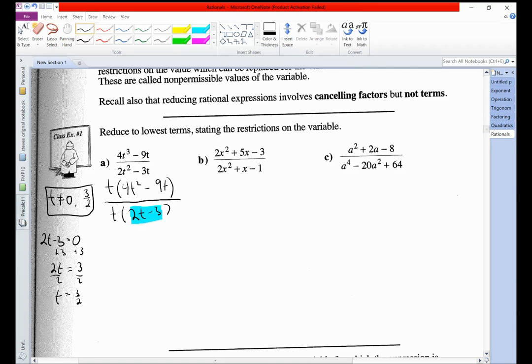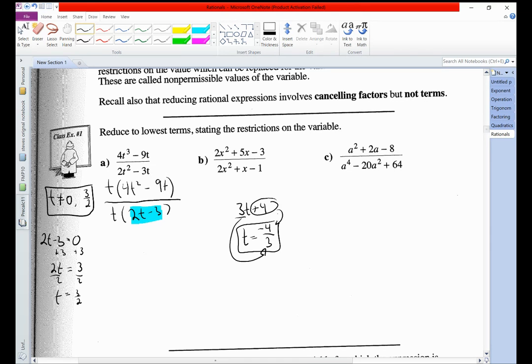What you can do as well is if you have a binomial with a constant, let's just make one up, 3t plus 4. The t value that will make that 0 is going to be a fraction where the top number is the constant, and then we change the sign. So it's a positive 4, we change it to negative, and the bottom number is the coefficient in front of the t.